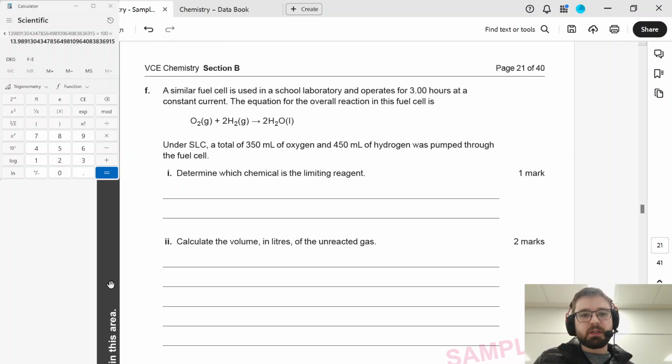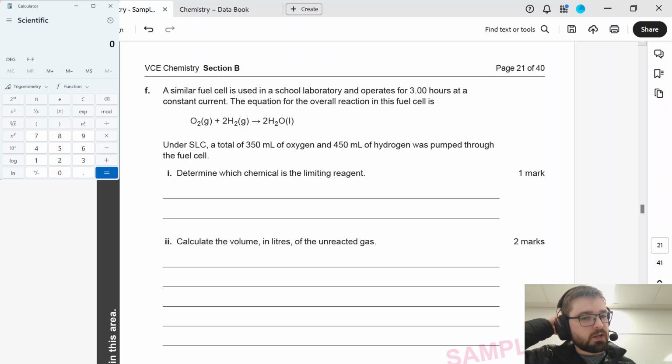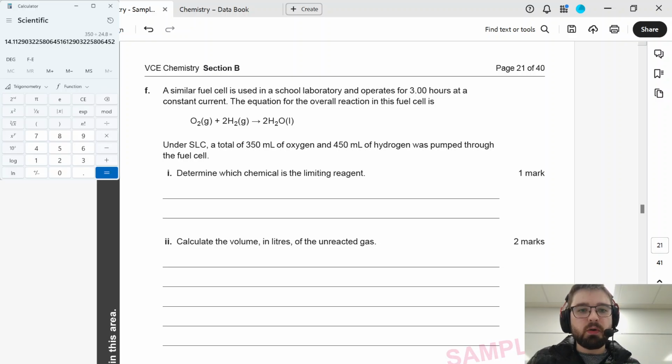You might be tempted to think the oxygen's a lot heavier, but that's not actually going to come into play here. So we've got 350 mL of oxygen, and we divide by 24.8, so there's 14.11 moles of oxygen coming in.